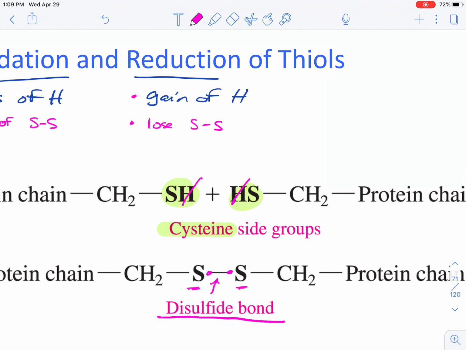And so this is really relevant in terms of protein chemistry, just because a disulfide bond is the only covalent bond that can be formed amongst the interactions of these 20 amino acids that are in your body.